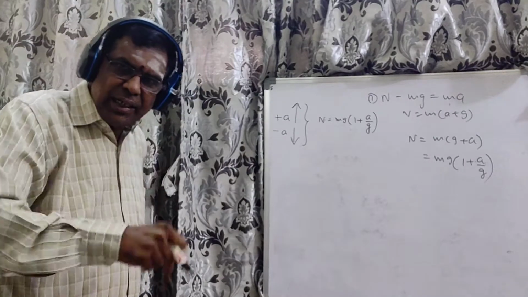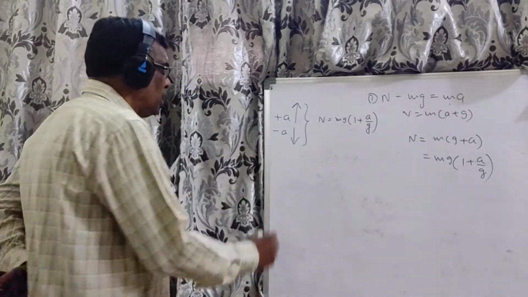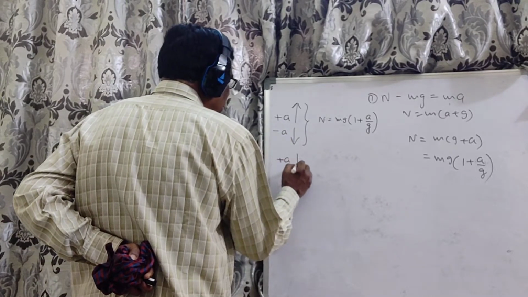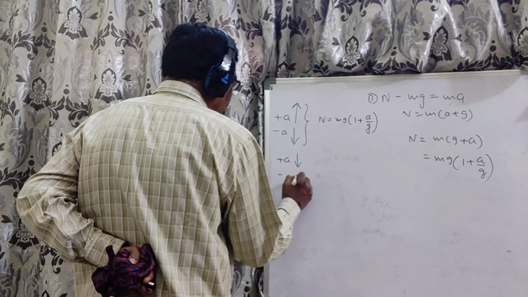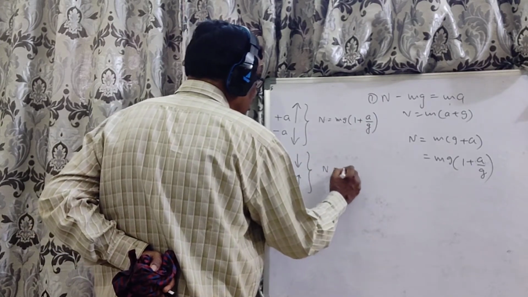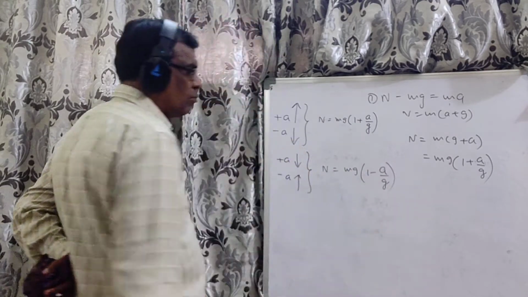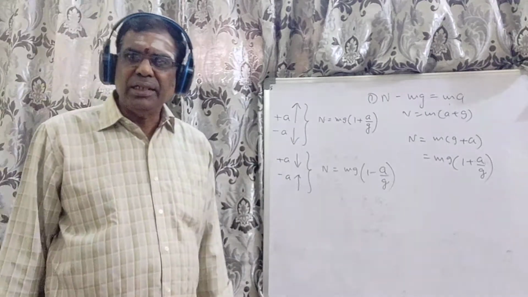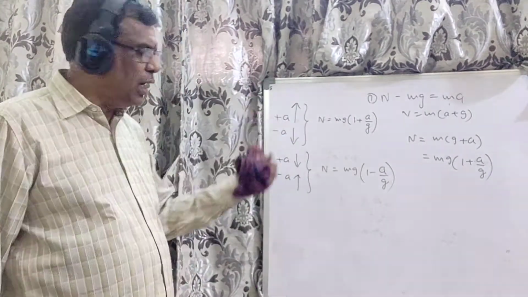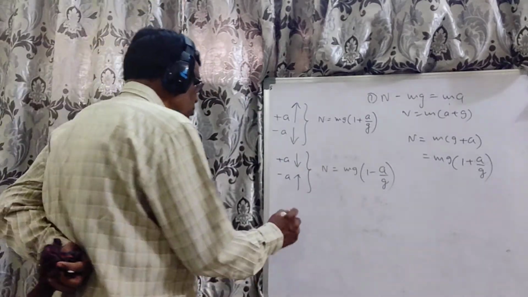It is retarding downwards or accelerating up, the effect is the same. In a similar way, plus a down or minus a up: N is mg into 1 minus a by g. Accelerating down or retarding up becomes mg into 1 minus a by g.